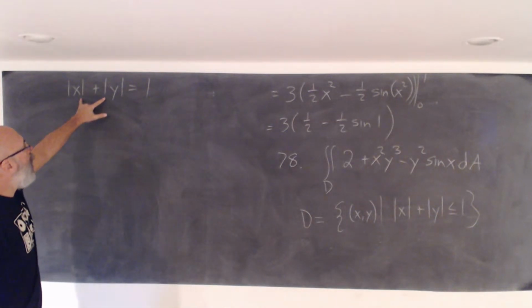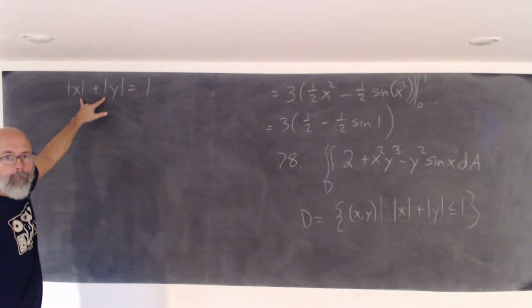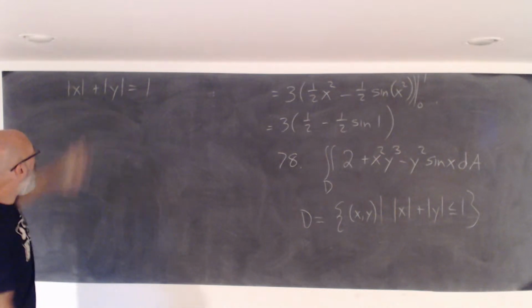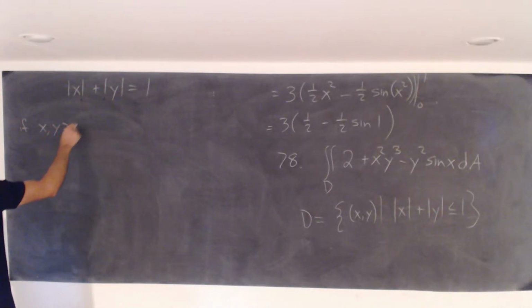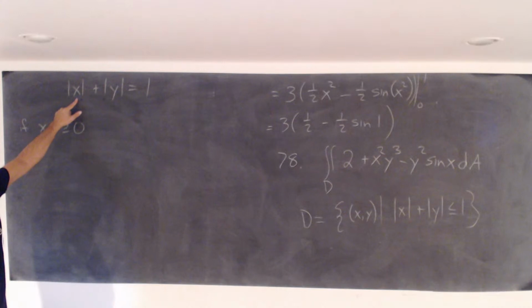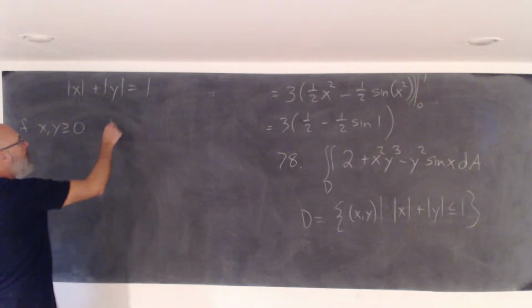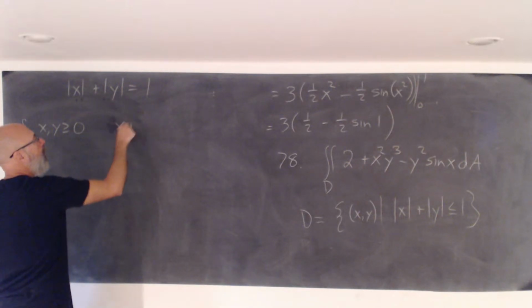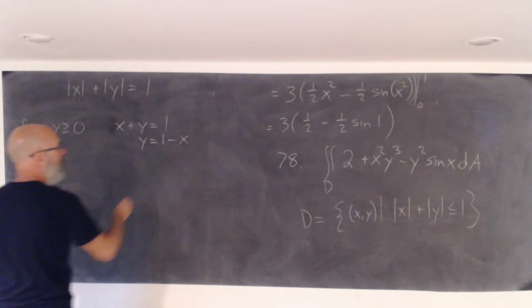Look, you have experience with the absolute value. You know what to do. If x and y are both positive, then the absolute value of x is just x. And if y is positive, the absolute value of y is just y. So this is x plus y equal to 1, or y is equal to 1 minus x.